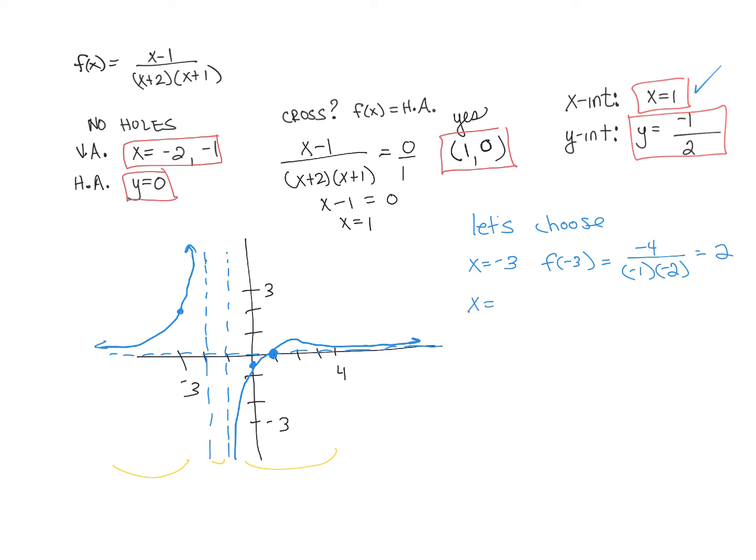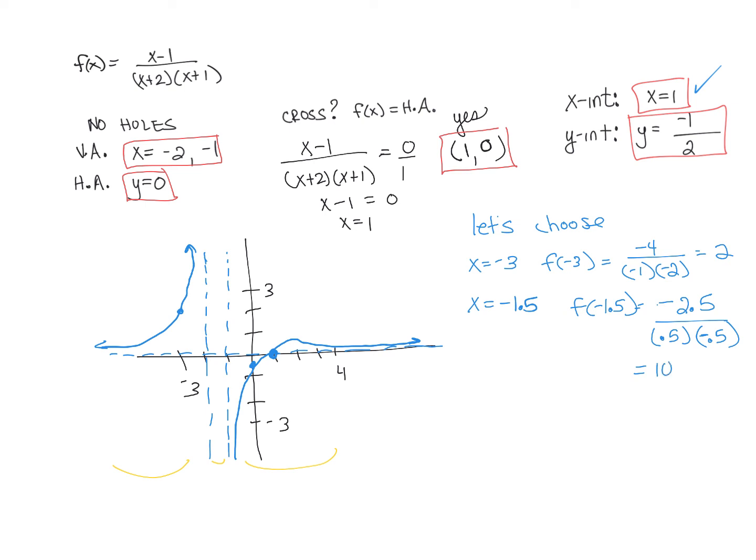If x equals negative 1.5, so we're talking about right in between those two, negative 1.5 is going to give us negative 2.5 on the top, 0.5, and negative 1.5 plus 1 is negative 0.5, for a total of 10.